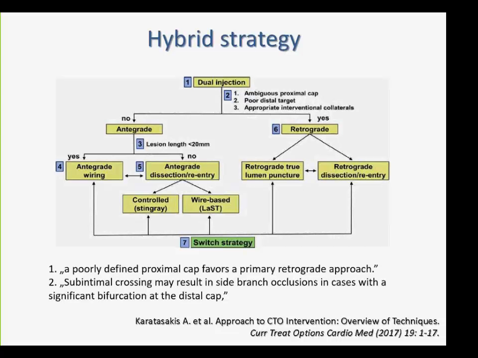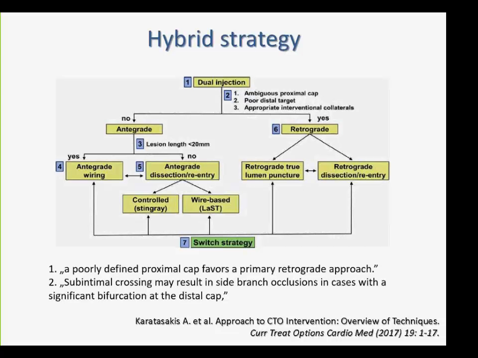Although the presence or absence of side branches is not mentioned in the global chart of the hybrid strategy, in a very recent publication from the group of Professor Pyrlakis, it's mentioned that the poorly defined proximal cap favors a primary retrograde approach.